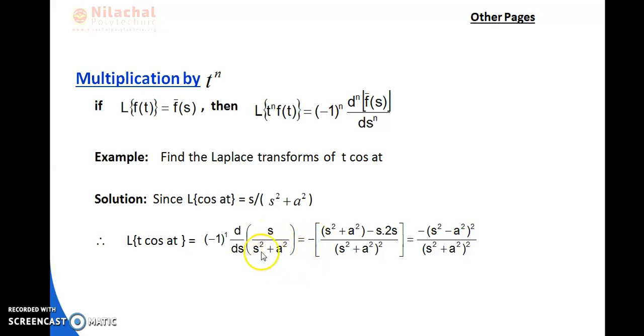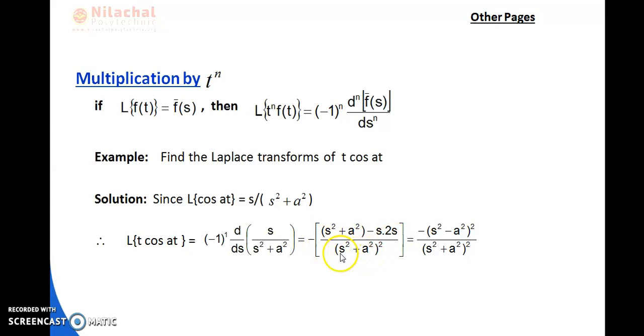Here v is s square plus a square, with minus 1 kept outside, so it is v into derivative of u, where u is s and its derivative with respect to s is 1, minus u, that is s, into derivative of v. V is s square plus a square, and its derivative is 2s, because we are finding the derivative with respect to s only, and the derivative of a square is 0 because it is a constant.